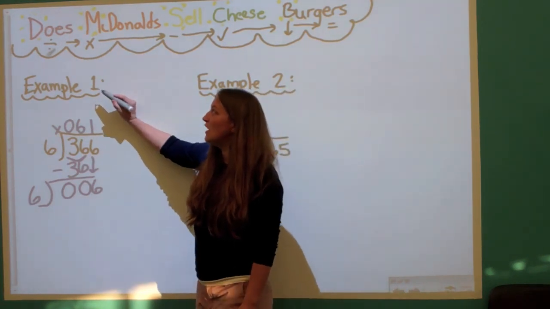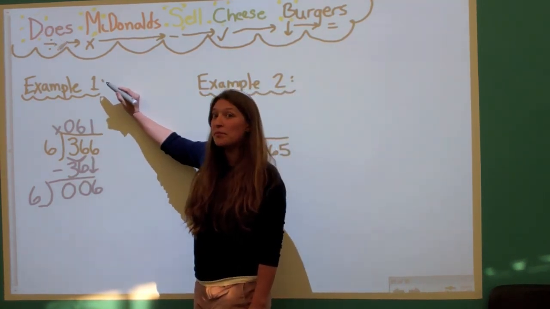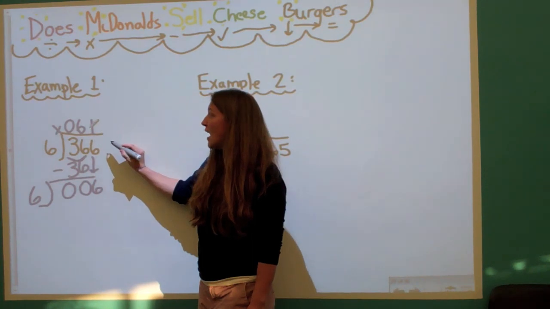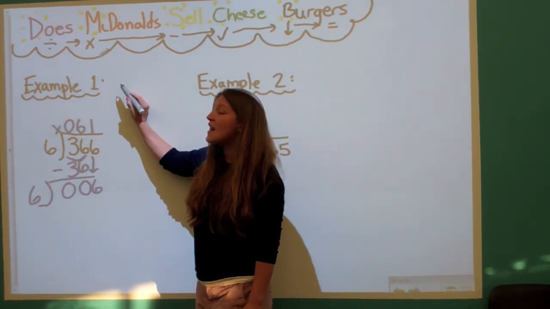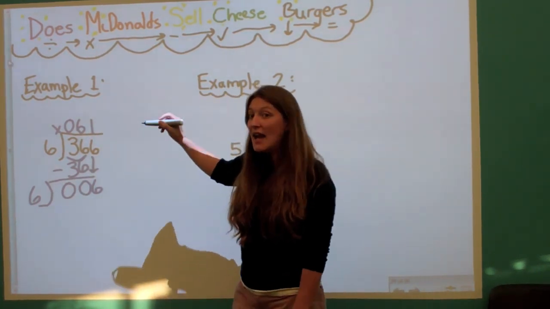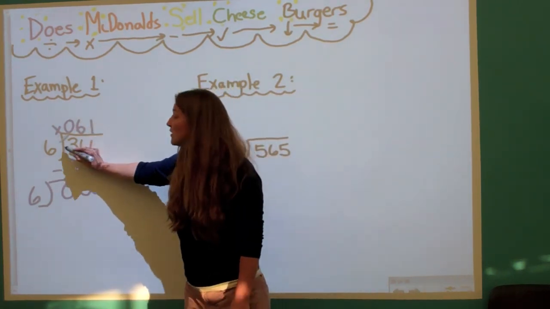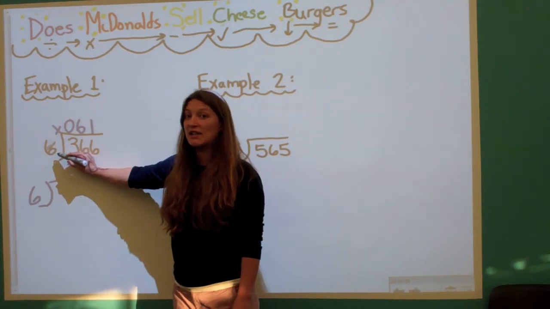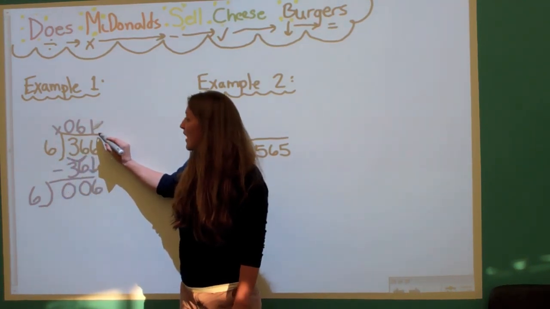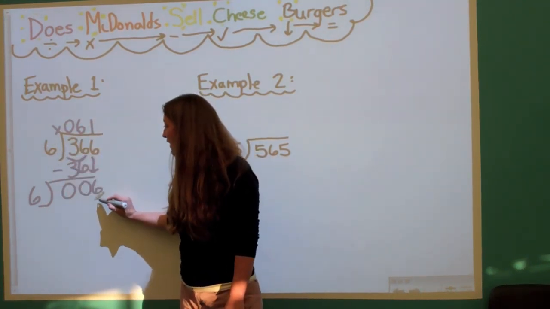So I just created a new division problem, and I just divided, and I got my answer of 1. So now I multiply. And now I'm multiplying the number that I just put on the roof. And I'm still multiplying that times my divisor. So I multiply 1 times 6, and that gives me 6.